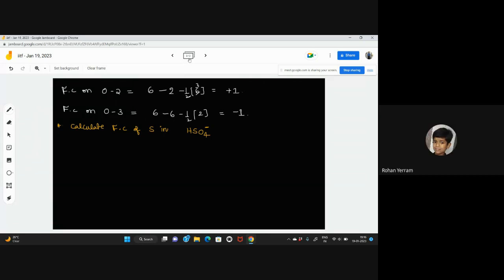Sir, one second. Sir, sulfur valence electrons 6, no sir? Sir, in the oxygen atom too. Sir, I got a formal charge. One second, somebody is asking. In oxygen atom 2, tell me.